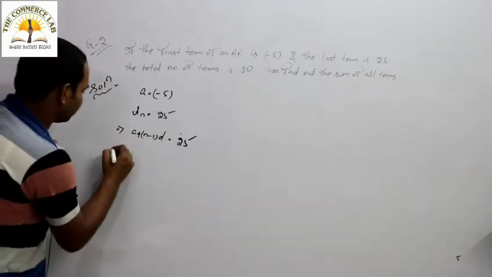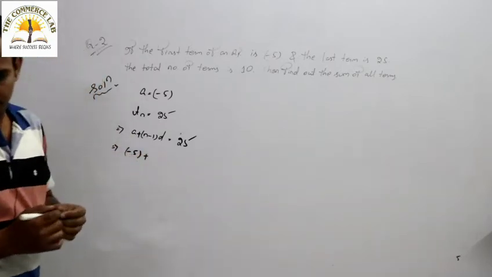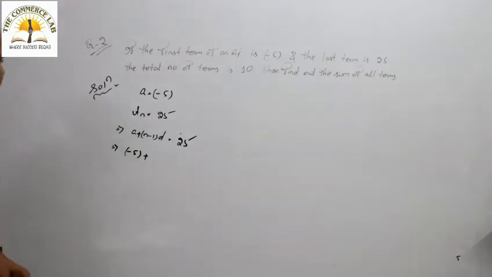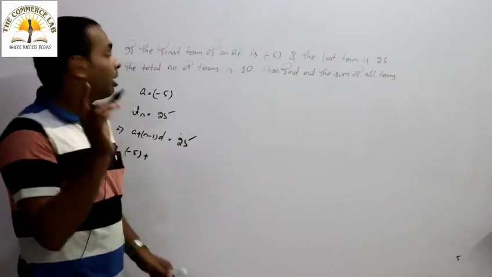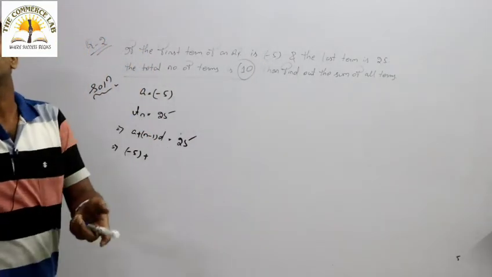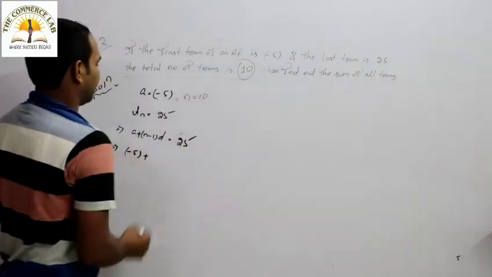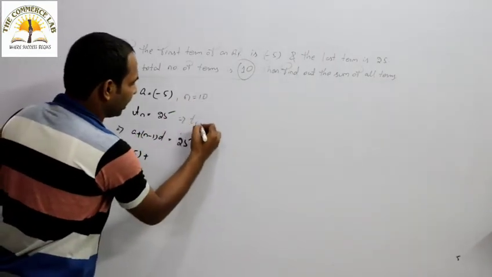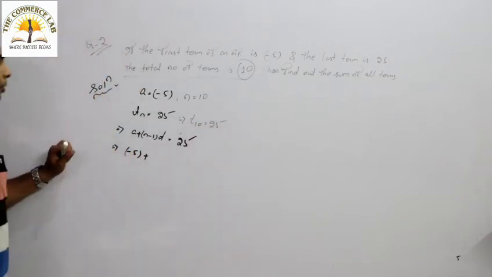Here a is minus 5, and the total number of terms is 10, that means n is equal to 10. This implies T10 is equal to 25.